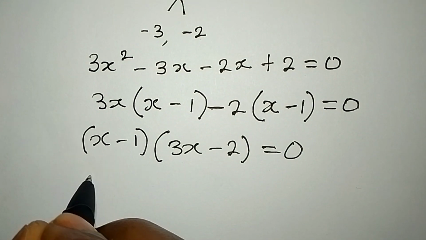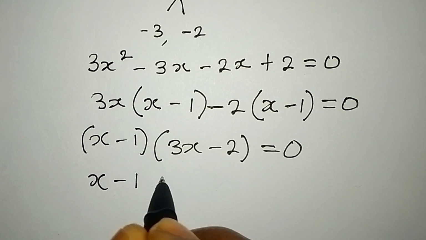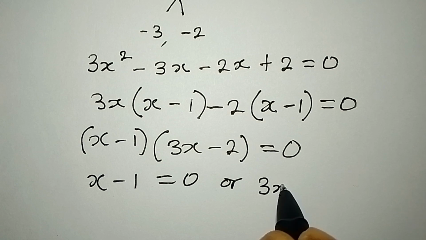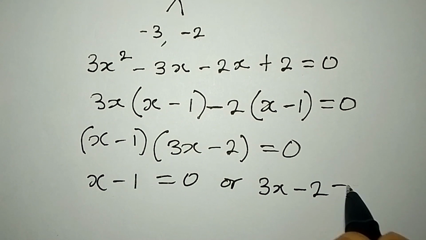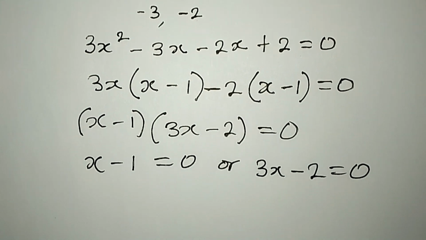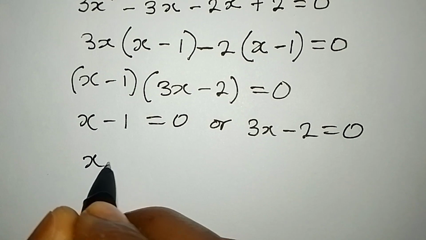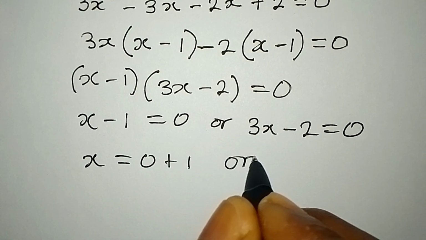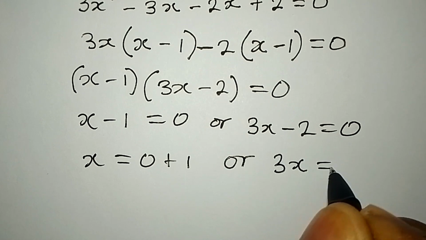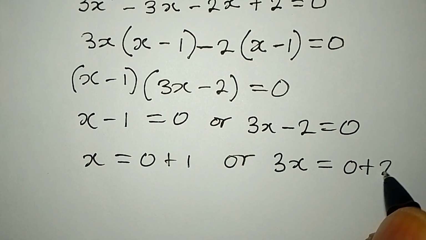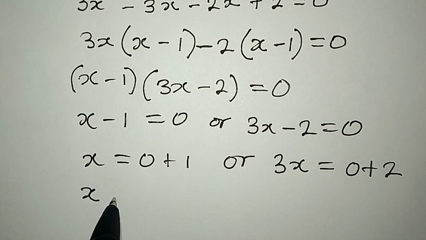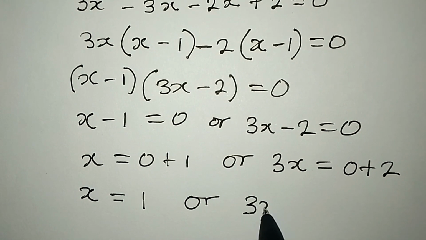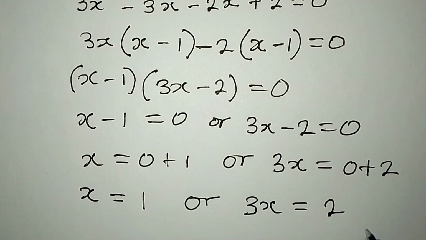Now, this means that either x minus 1 is equal to 0 or 3x minus 2 is equal to 0. X from here is equal to 0 plus 1, or 3x is equal to 0 plus 2. This means that x is equal to 1 or 3x is equal to 2.